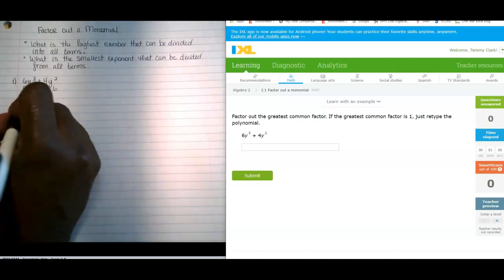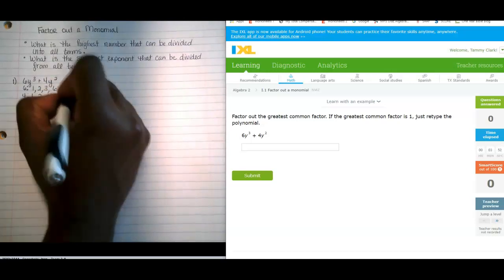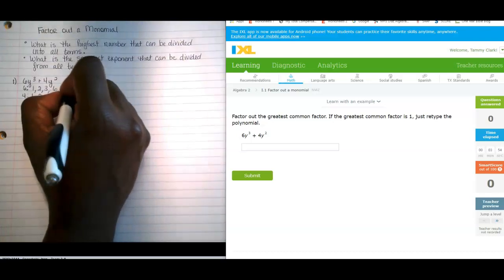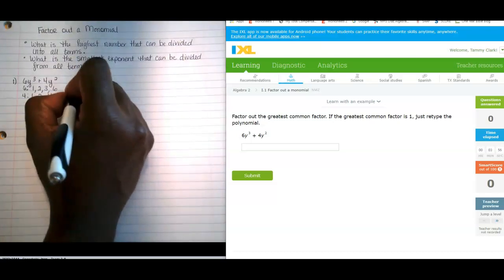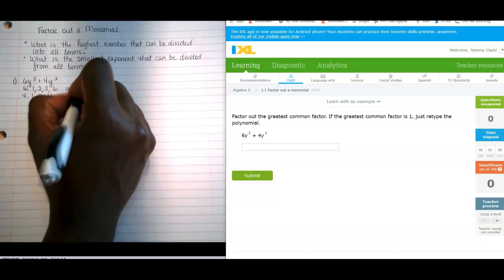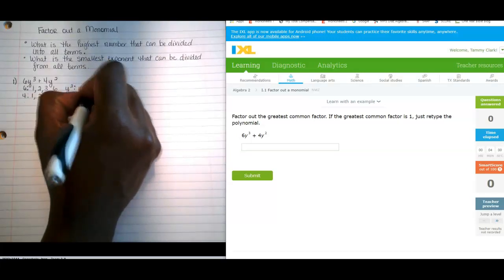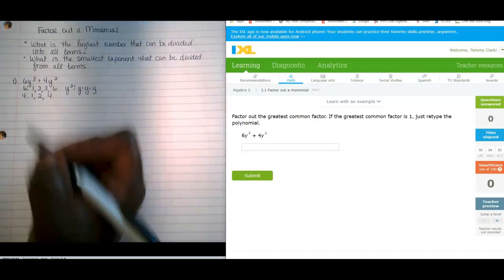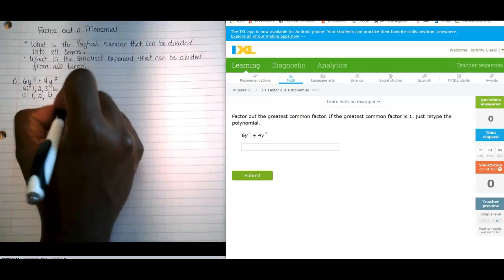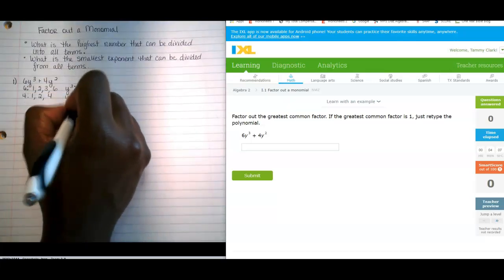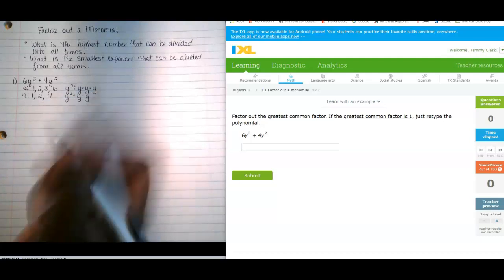And let's think about y. So in the first term, y to the third, we're looking at y multiplied by y multiplied by y. In the 4y squared, we're looking at y multiplied by y.